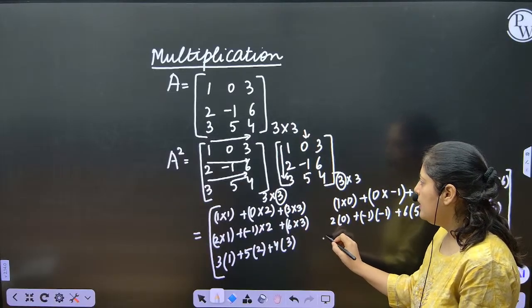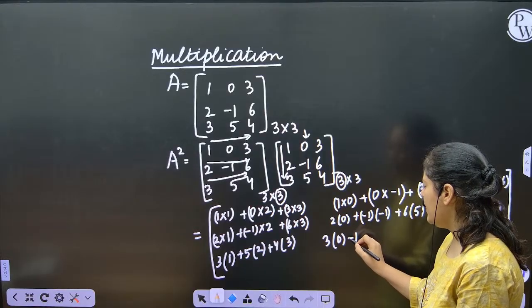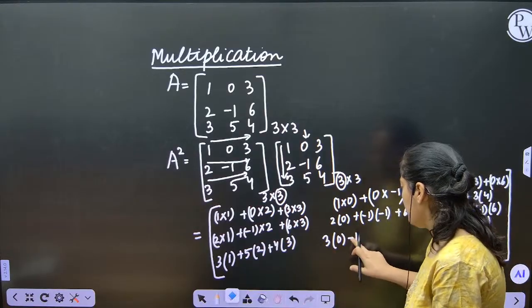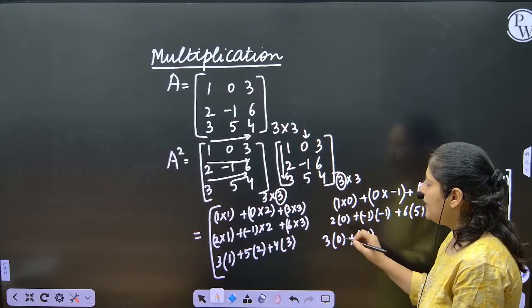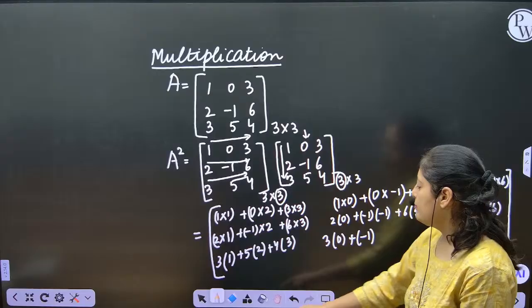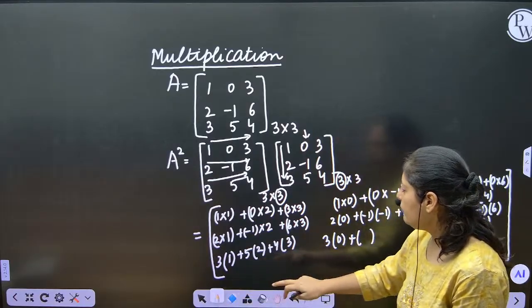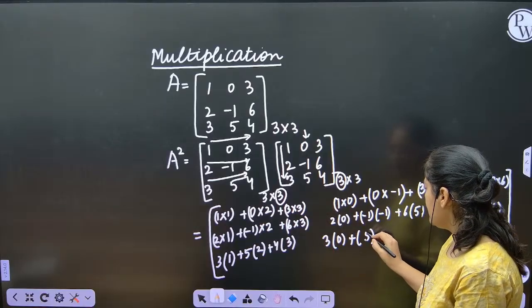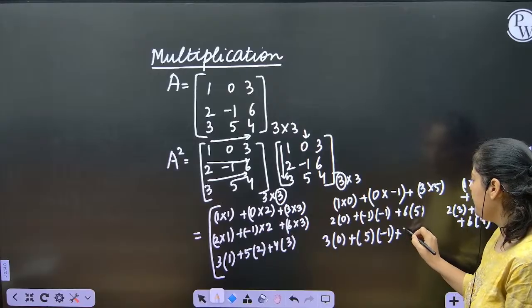Similarly here, 3 into 0, plus 5 into minus 1, and 4 into 5.